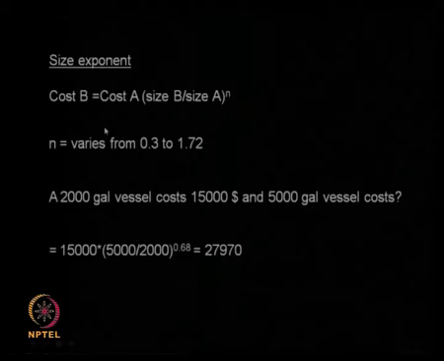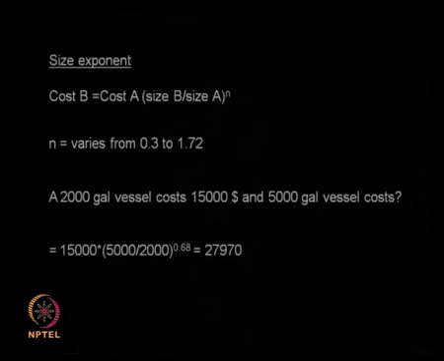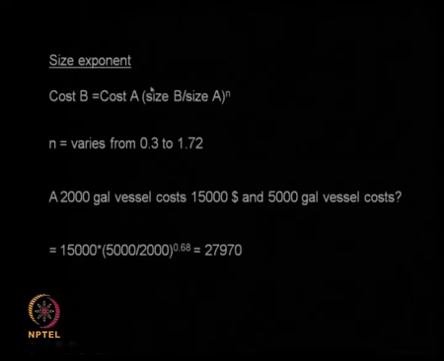Now there is another equation which is relating the cost versus the size of the equipment. For example, if I know the cost of an equipment, cost A, whose size is known, size A, and I want to find the cost of another, larger equipment, that is size B, what will be the cost?